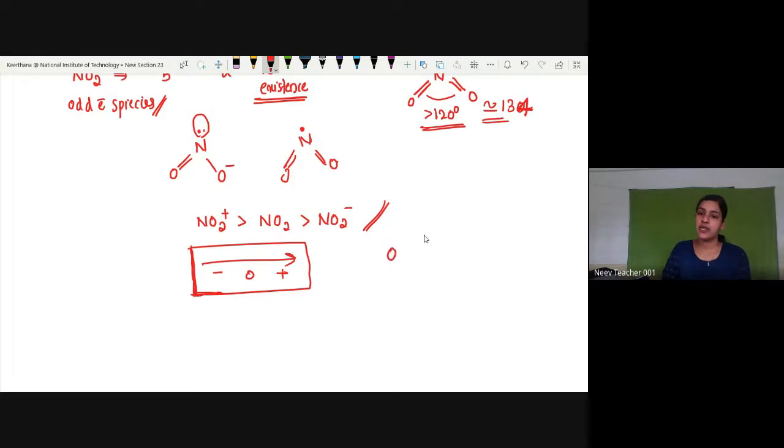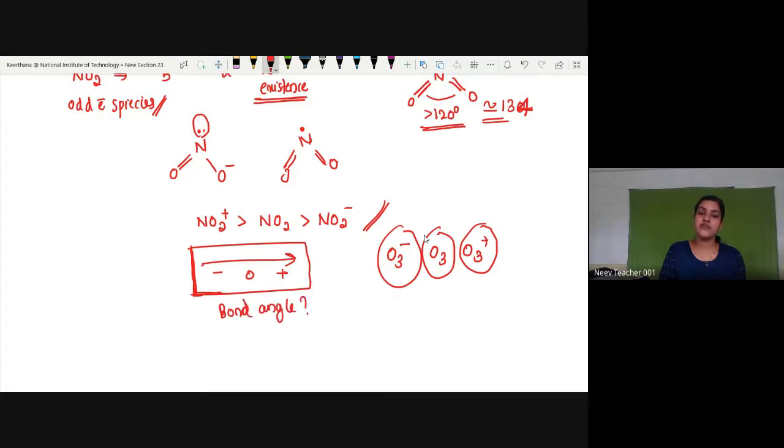When you are comparing O3 minus, O3 and O3 plus, the bond order will be more for the plus charge one, and the bond angle will be more for O3 plus, then O3, then O3 minus. It should be the same molecule, okay? If the same molecule in plus, negative and neutral forms is asked, the bond angle order will be like this.